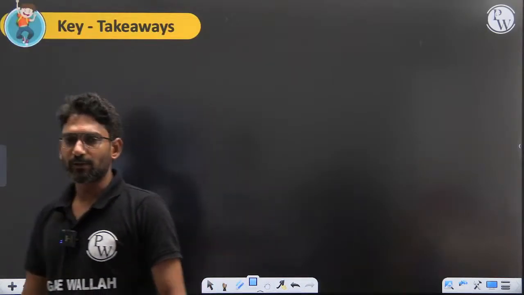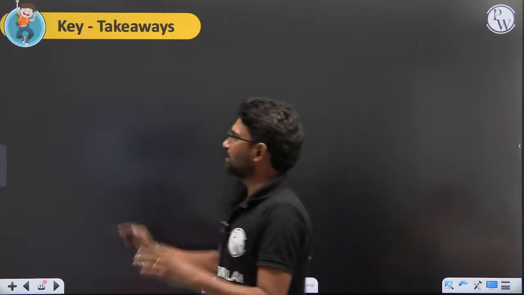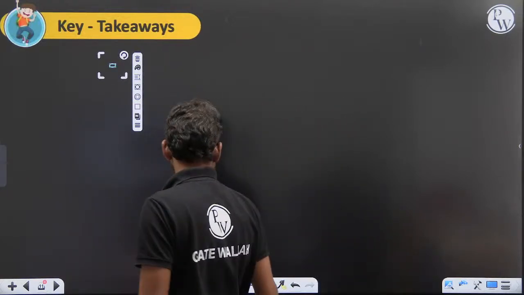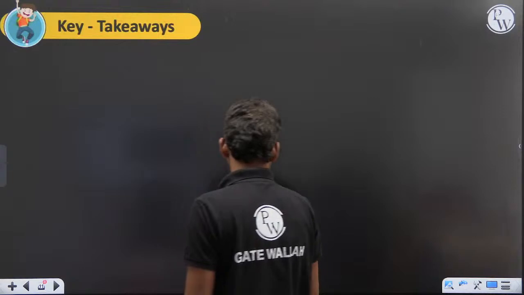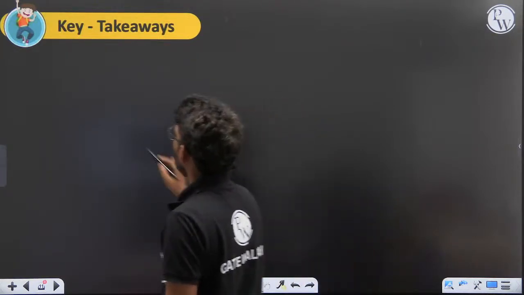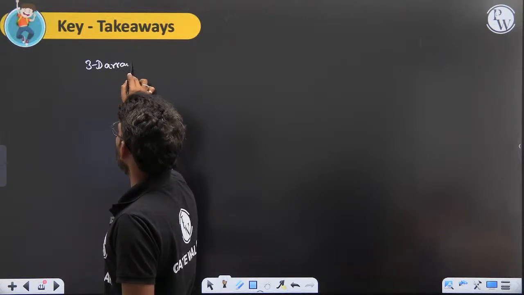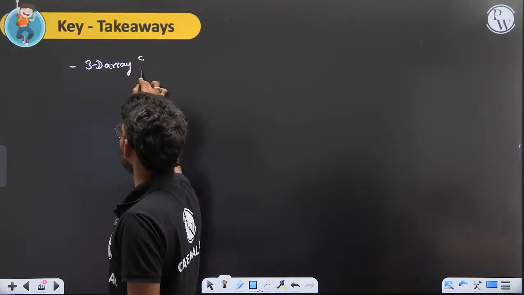So that's all for today, guys. Today's key takeaways will be: what is a 3D array? It is not just an array with 3 dimensions; as we have discussed, it is an array of 2D arrays.